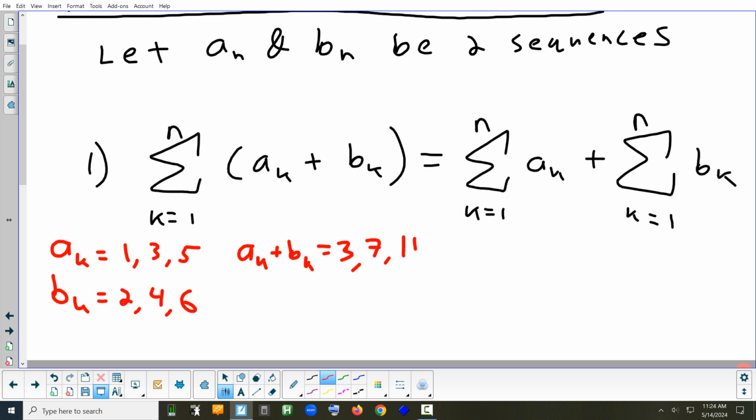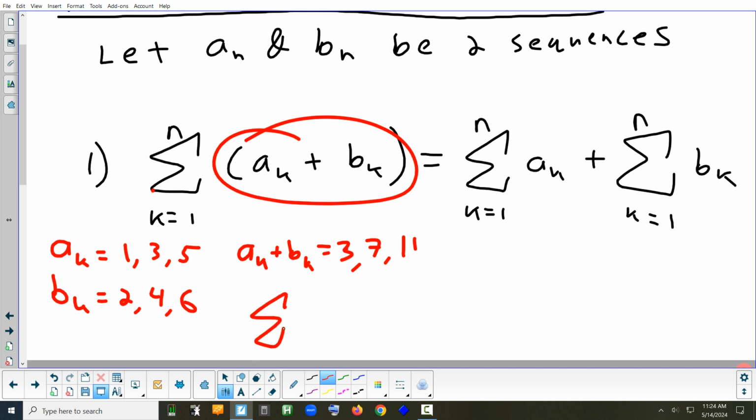Now, take the sum of what you just did. So now let's do the sum of a sub k plus b sub k. What's 3 plus 7 plus 11? 21. So that's the sum of the two sequences, and that's the sum of 3, 7, and 11. Okay, any question on doing it the first way?